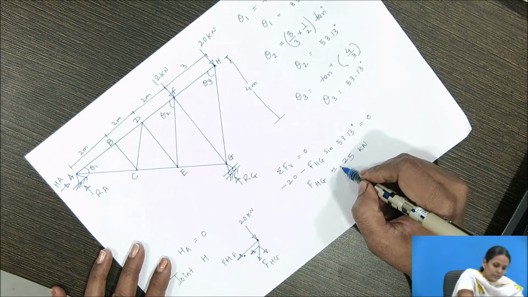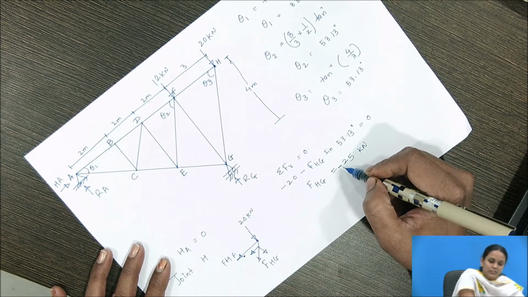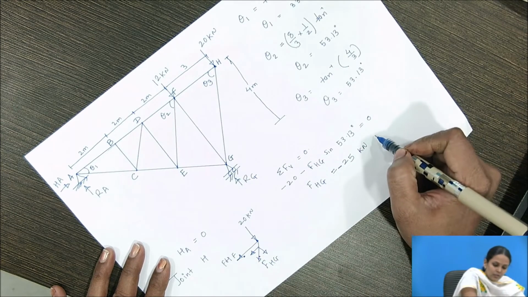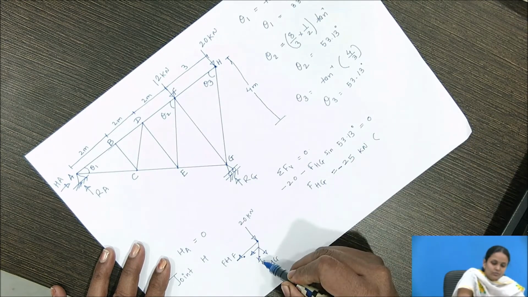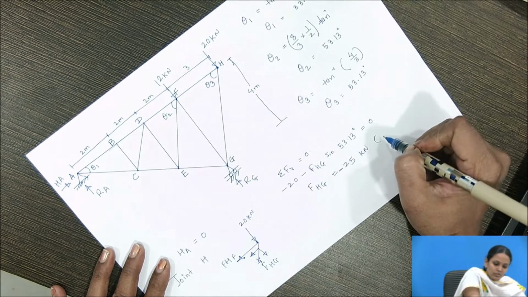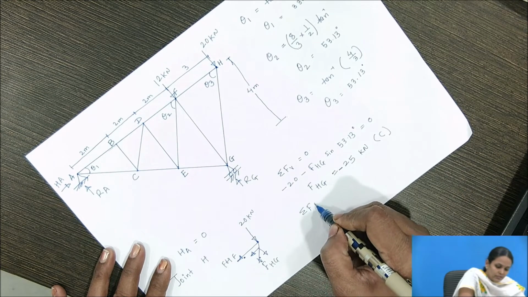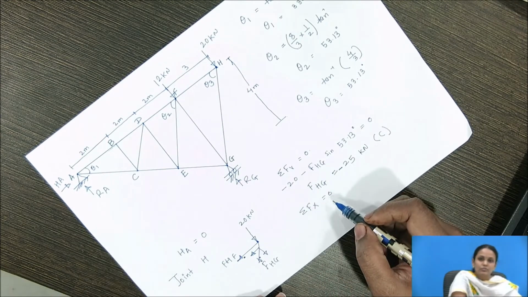Here we get a negative value. What it means is that the nature of force is opposite to what we assumed. I assumed it is a tensile force, but we got a compressive force. Then we consider summation Fx equal to 0.